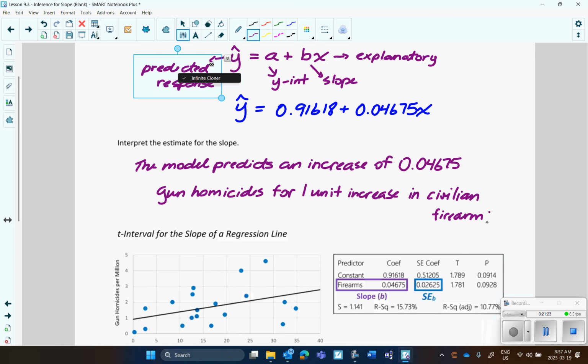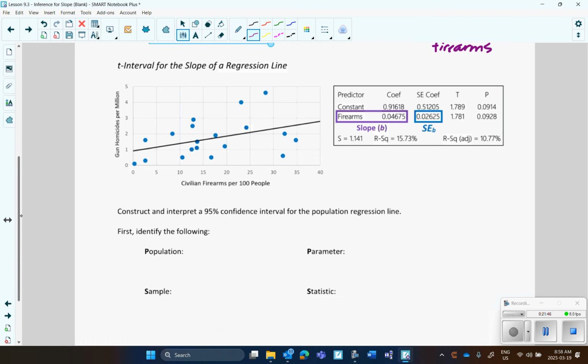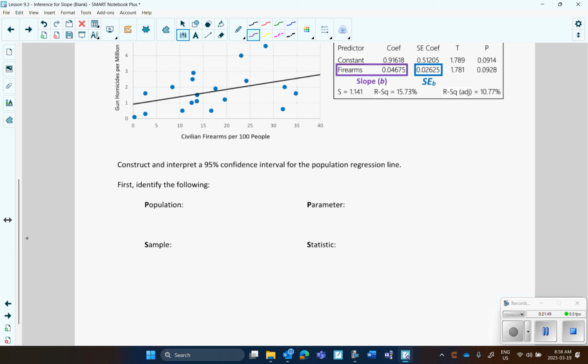We only use Z for categorical data, something that involves a proportion. The computer output, which you'll be given, calculates everything for you. So let's look at constructing and interpreting a 95% confidence interval for this regression line. We want to see if we can apply this sample to the population, as in all countries. So our population is all developed nations.